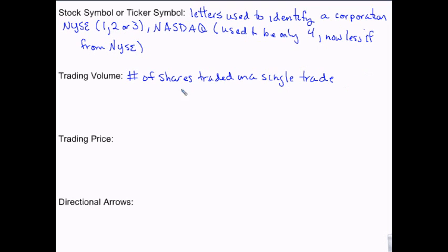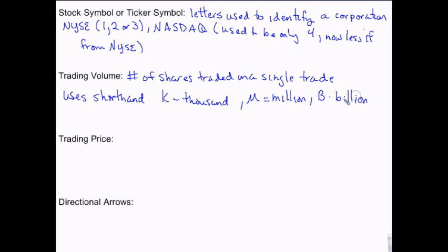Now it does use shorthand: K for 1,000, M for 1,000,000, and B for billion, but that's pretty rare.